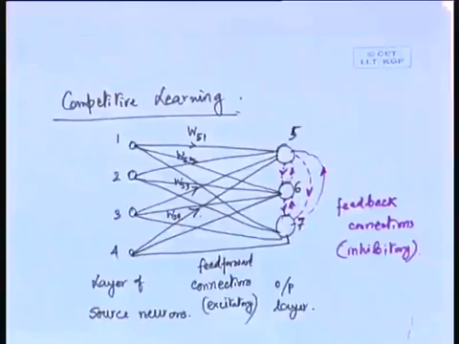So we are only going to adjust the weights of the winning neuron. But are we going to increase the strengths of all the connections to the winning neuron? No, we are not going to increase everything, because we are constrained by this expression.